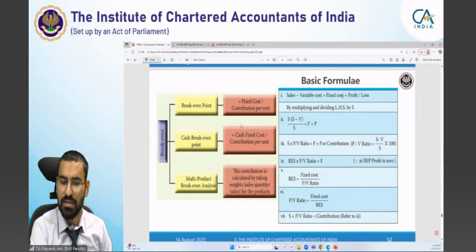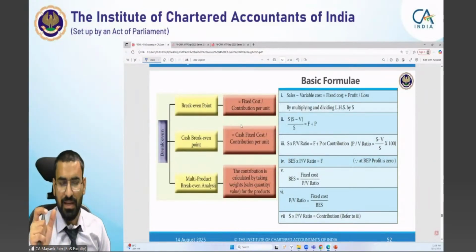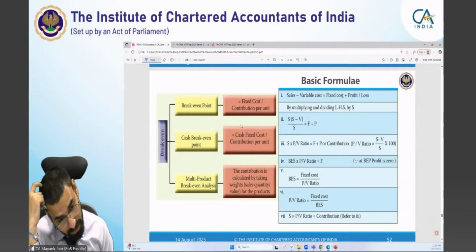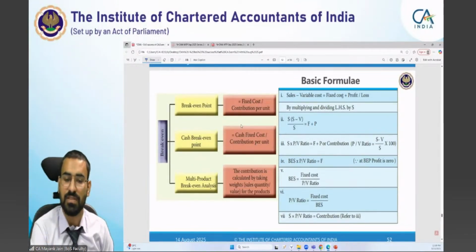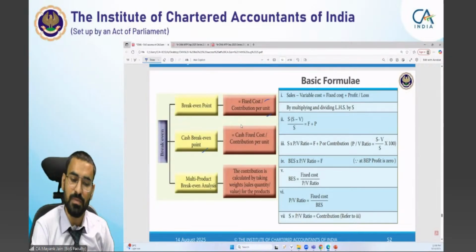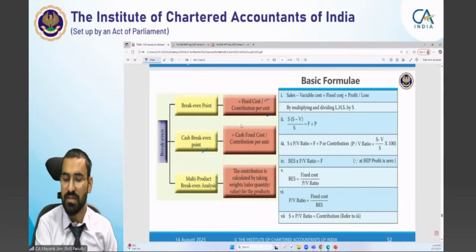Break even point is the point where the total cost equals the total sales value. The point where we don't have any loss or profit, which is fixed cost divided by the contribution per unit. Similarly, for cash break even, it is the cash fixed cost divided by the contribution per unit.